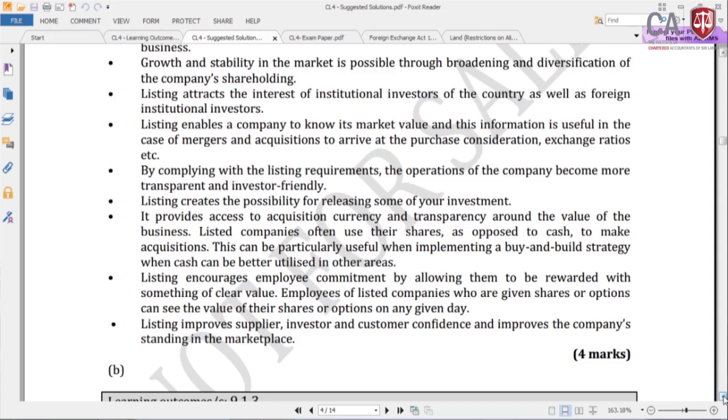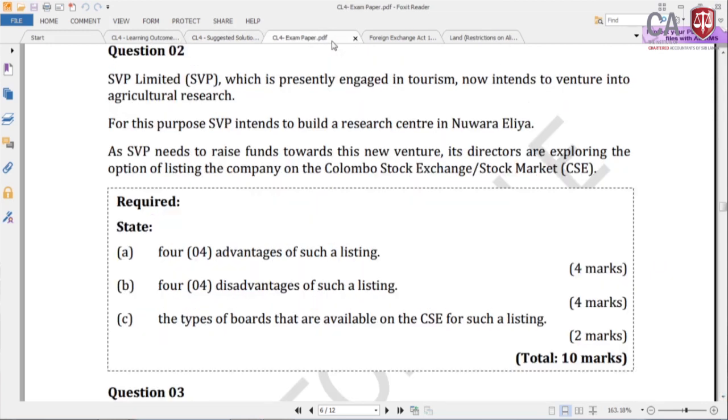And listing improves supplier, investor and customer confidence and improves company standing in the marketplace. So there are so many advantages, but you have been asked to answer only 4 of them, which, as I showed, you could take out of the list.